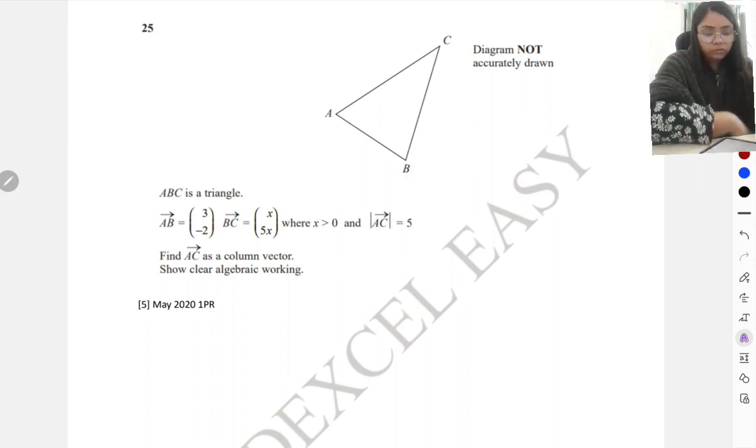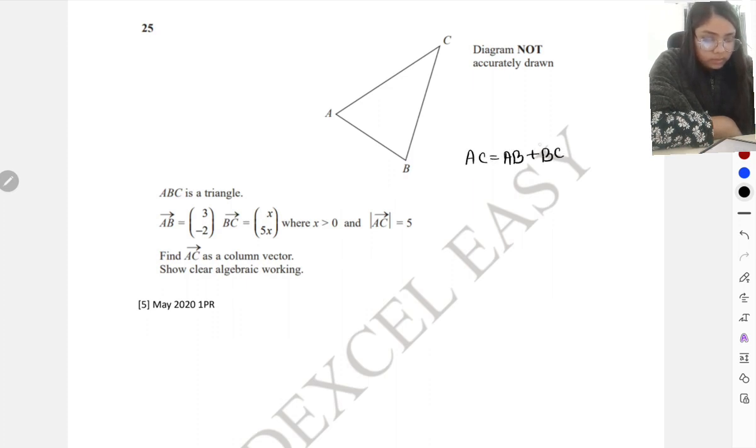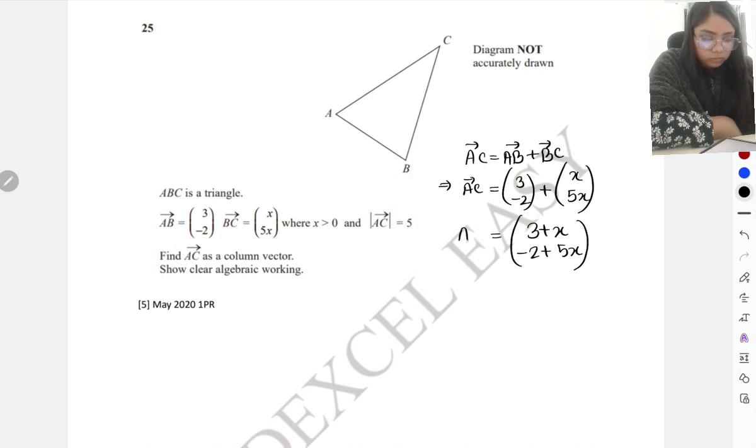Okay, so let's first find an expression for AC. That is going to be AB plus BC. So AB is (3, minus 2) plus BC is (x, 5x). So you get (3 plus x, minus 2 plus 5x). So this is an expression for AC.